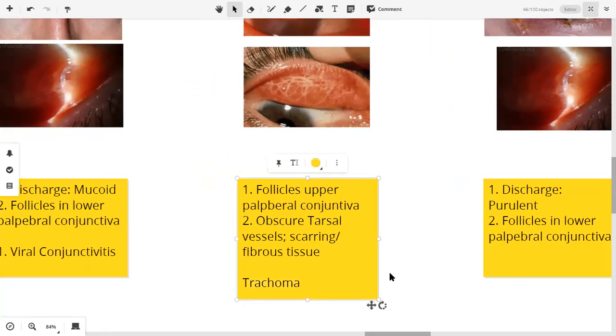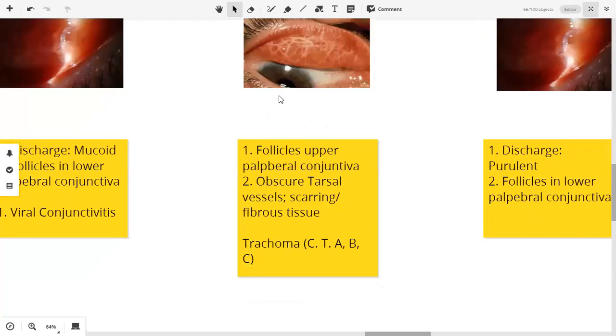Trachoma is caused by Chlamydia trachomatis serotypes A, B, and C. You have to remember this, it is very important. I told you last time, and I'm going to reiterate this now.